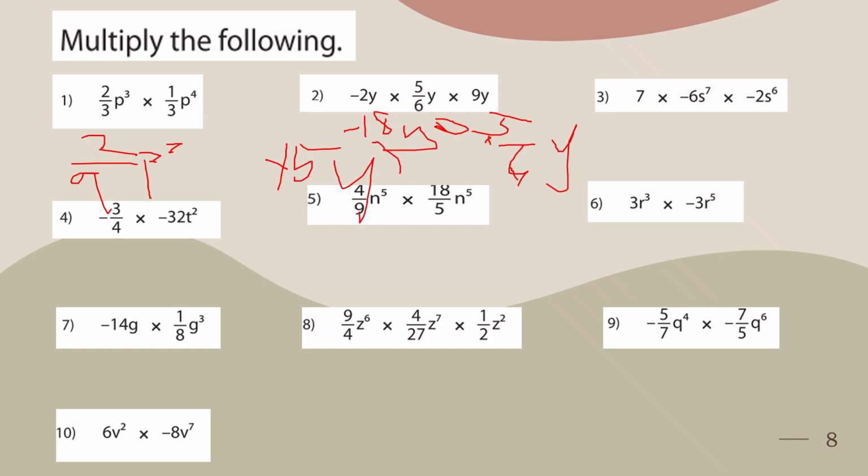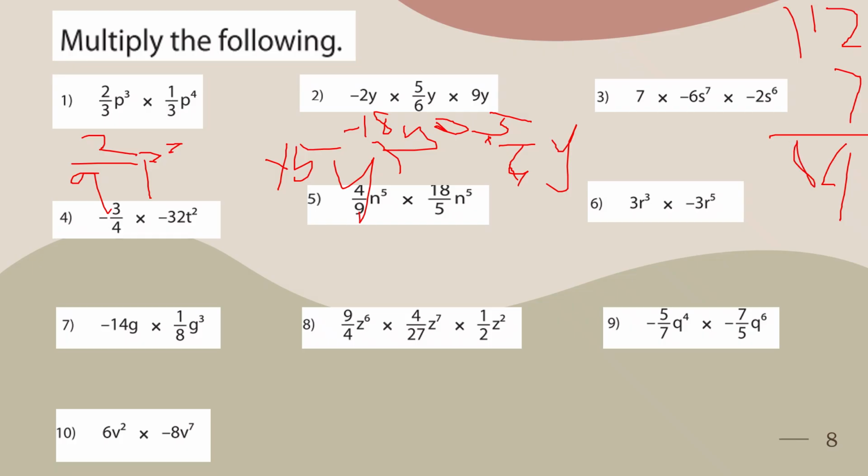So in here, 7 times negative 2, 14 times negative 6, or 6 times 2 is 12 times 7, no? So 12 times 7, 84.